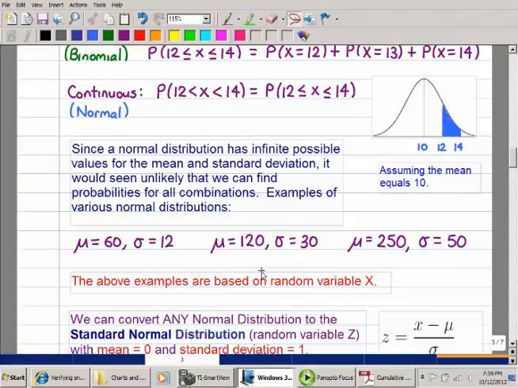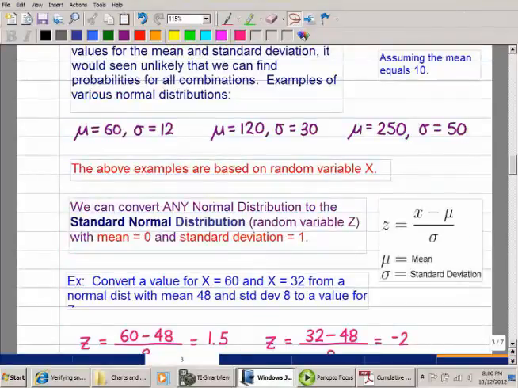I could go on and on and on. And these are based on the random variable x. But we do have a nice way to convert any normal distribution to one specific normal distribution, for which we will have a chart to look up probability areas and probabilities.